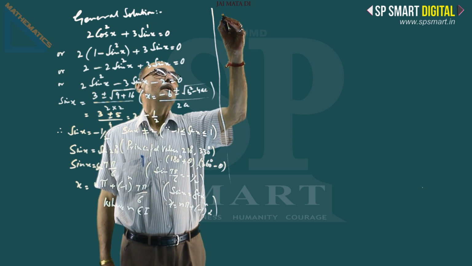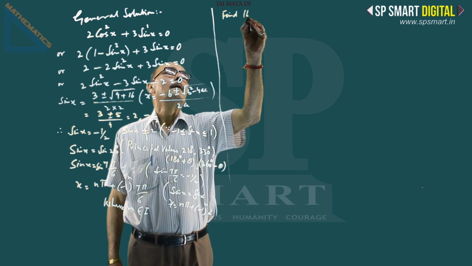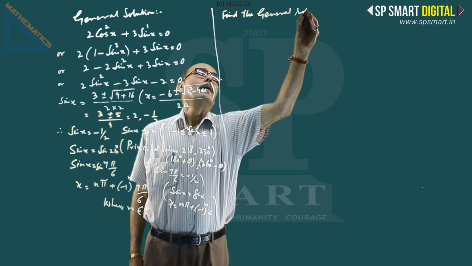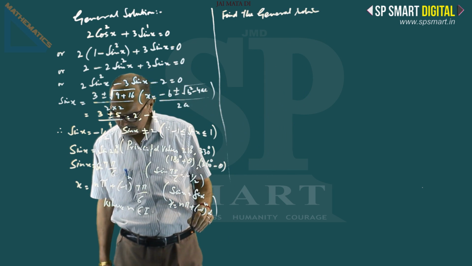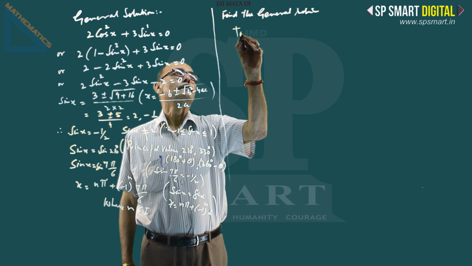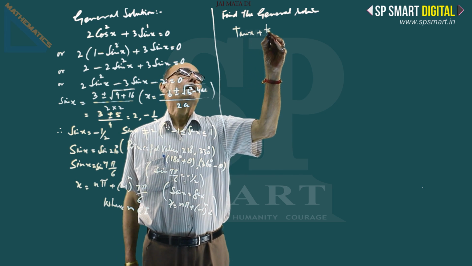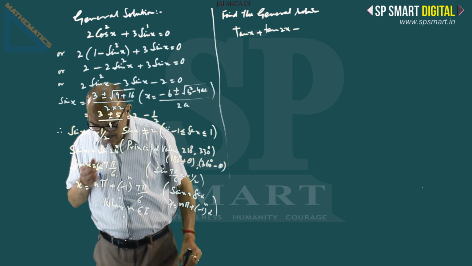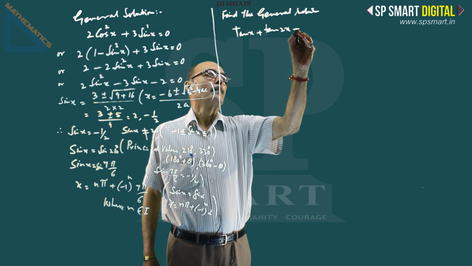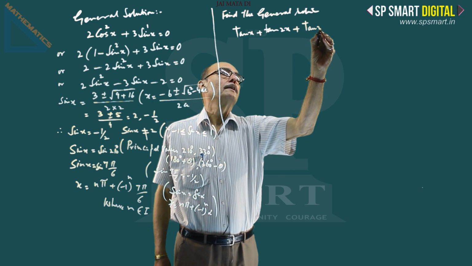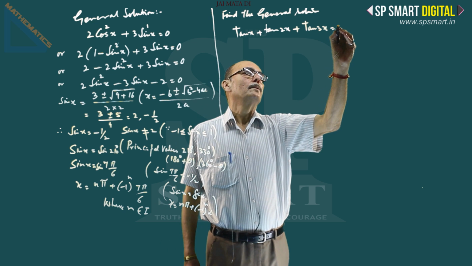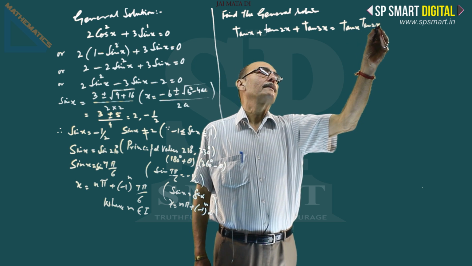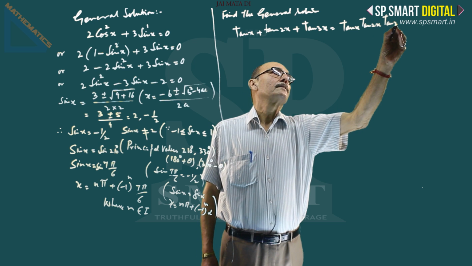Find the general solution. This is tan x plus tan of 2x plus tan of 3x equal to tan of x, tan of 2x, tan of 3x.